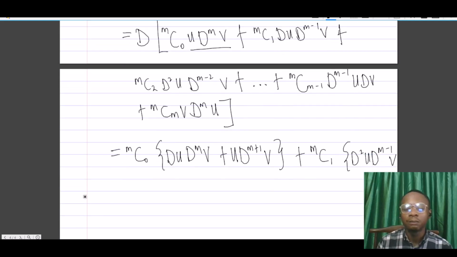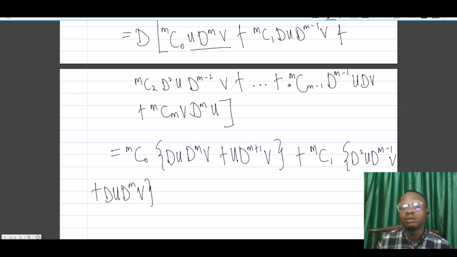So that will be plus the u is constant, derivative of the m minus 1, that will be the m, that's d multiplying d to power m minus 1, that is d to power m minus 1 plus 1, that is d to power m of v, and that is what we get from this second part.